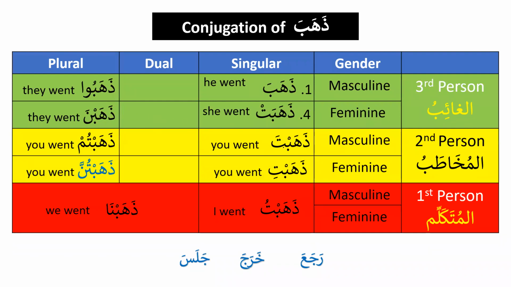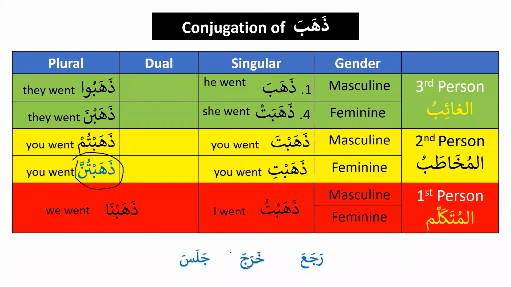And similarly for the second person, dhahabta and dhahabtum, we have learned already. Dhahabti we have completed, and inshallah today's lesson we focus on dhahabtunna, and dhahabtu and dhahabna we have also learned. So dhahaba, dhahabu, dhahabat, dhahabna, dhahabta, dhahabtum, dhahabti, and dhahabtunna, dhahabtu, and dhahabna.